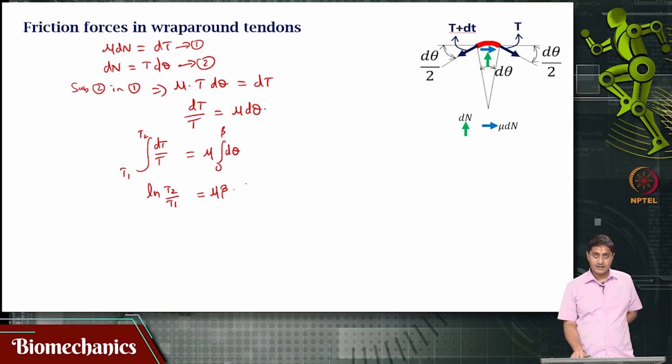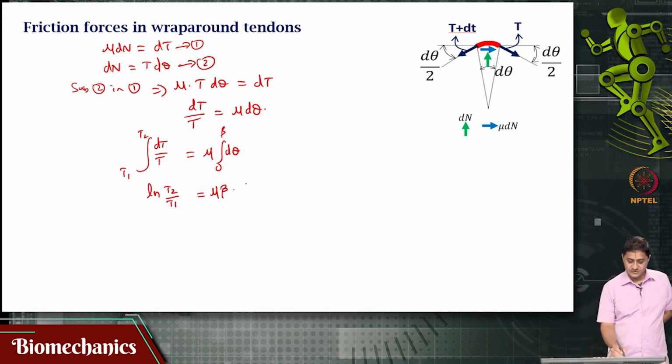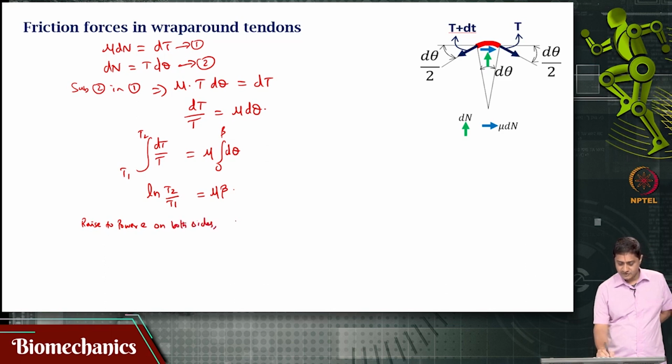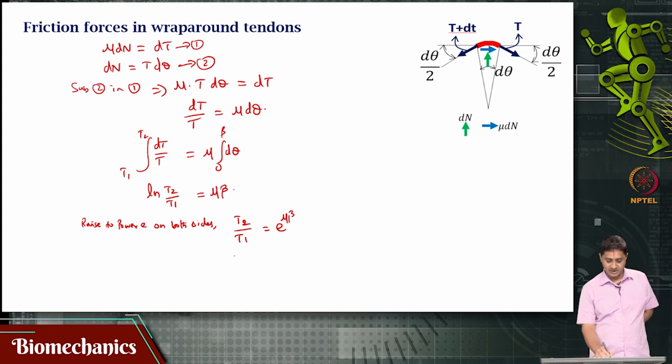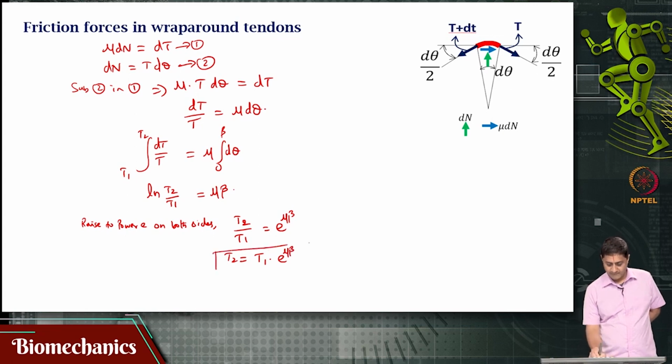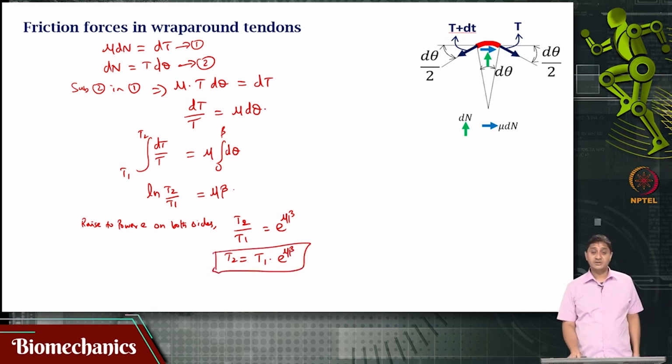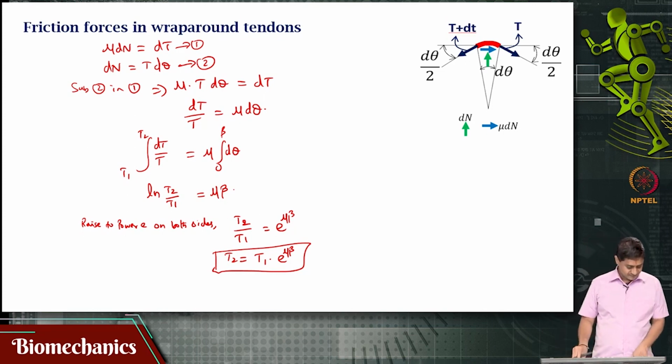Raised to the power e on both sides, this will give me T2 by T1 is e power mu beta, or rather T2 is T1 times e power mu beta. This is a relationship between T2 and T1 that I am interested in understanding.